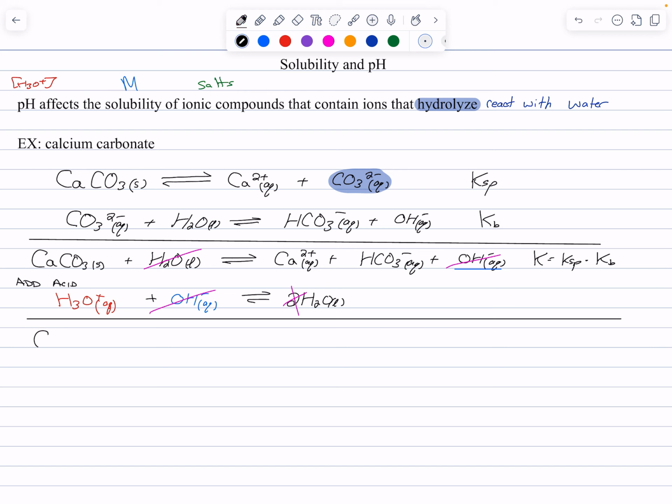So you'd have your CaCO3 solid, plus your hydronium now. You still get calcium ion. We would have bicarbonate still.